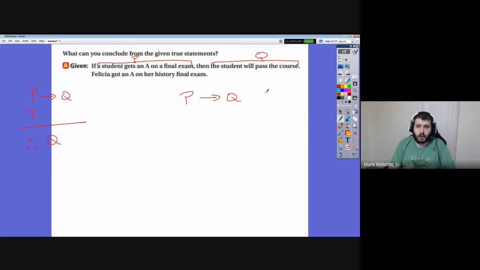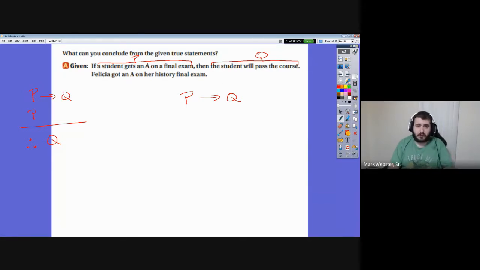Well, what does this second sentence say? Felicia got an A on her history final exam. Well, is that in the form of P? Is that student gets A on final exam? Is Felicia a student? She got an A on a final exam, right? So this is more specific.